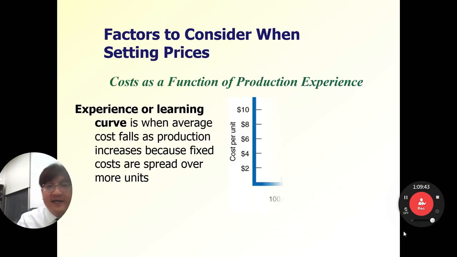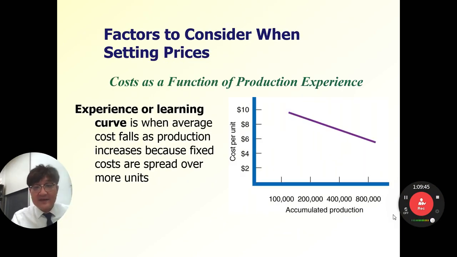Alright, like I said, the fixed cost, although it sounds fixed, the total amount of fixed cost doesn't change. However, the fixed cost per unit changes over different levels of production. That is what I said, right? The experience curve is just like that.